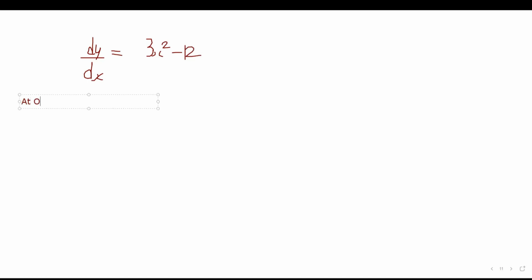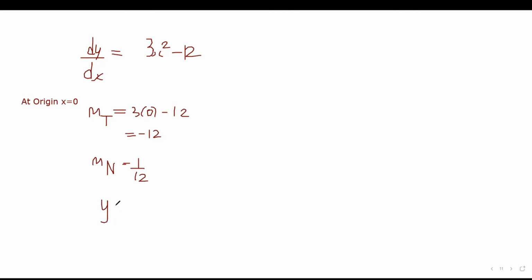So when x equals 0, the gradient of the tangent is going to be equal to 3 times 0 minus 12, which is negative 12. But if the gradient of the tangent is negative 12, then the gradient of the normal, Marika, is 1 over 12.